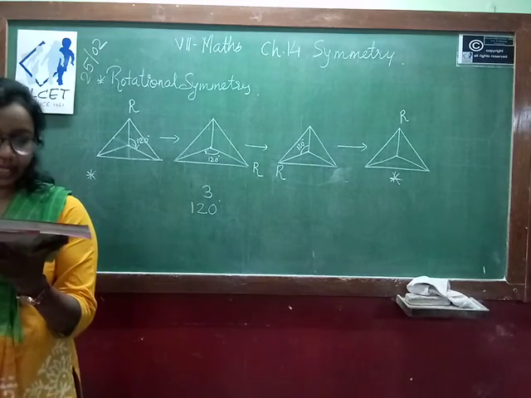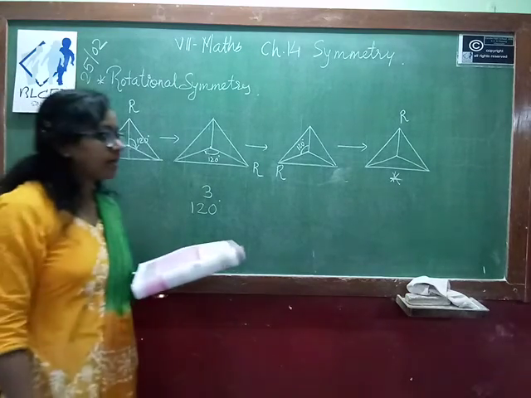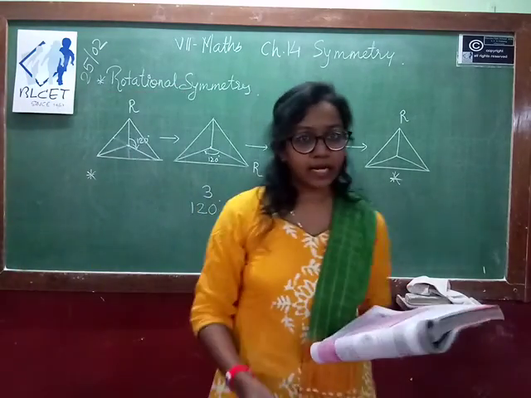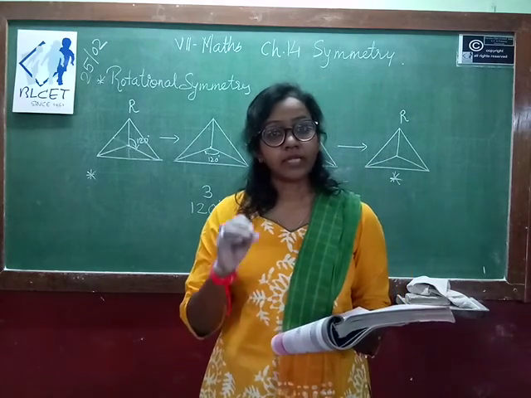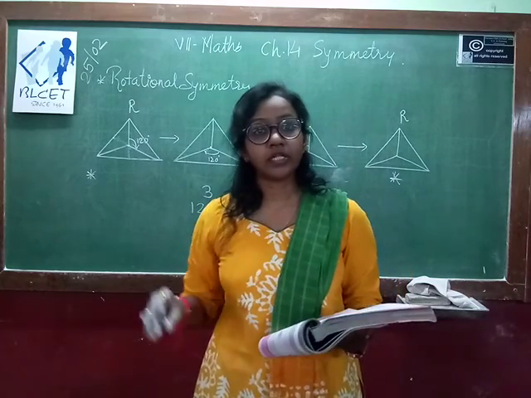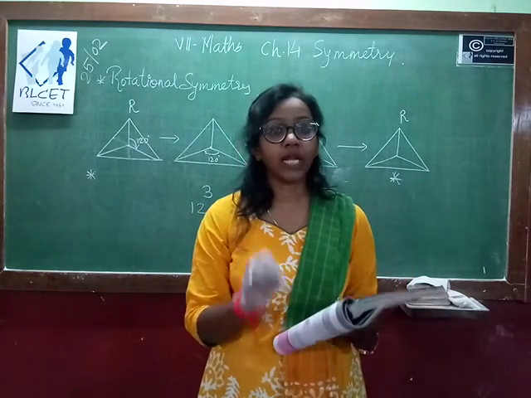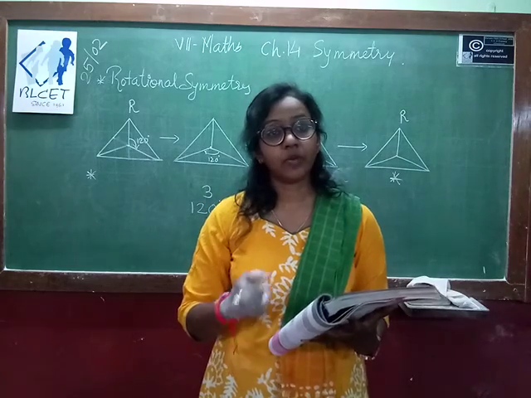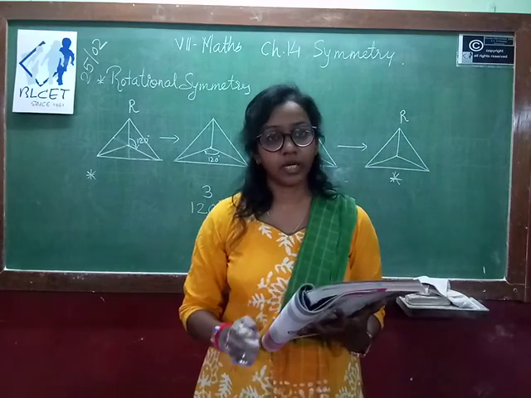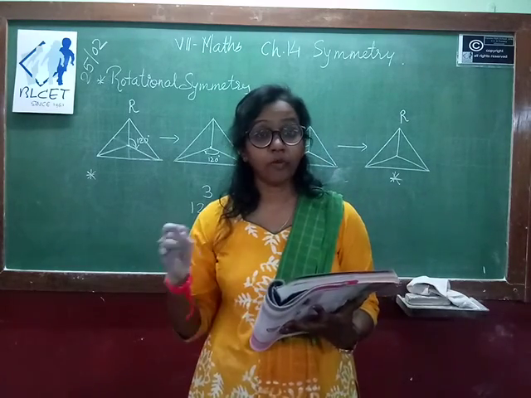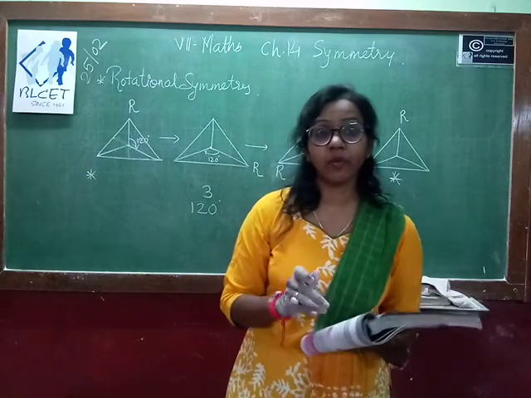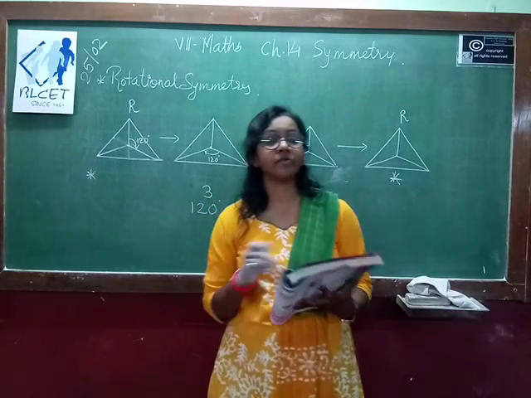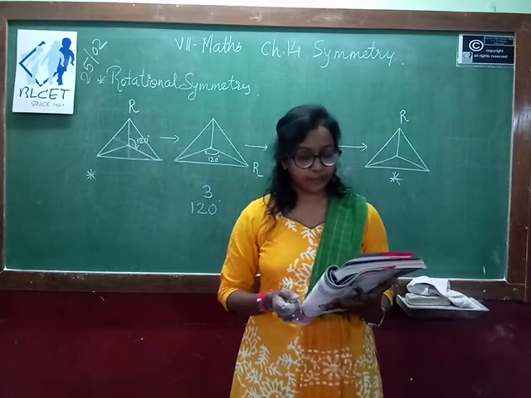So now you will get a clear idea. Rotational symmetry means you start from a starting point, and after rotation you have to reach that position again, meaning you have completed one full rotation. How much angle you require for that rotation becomes your angle of rotation.